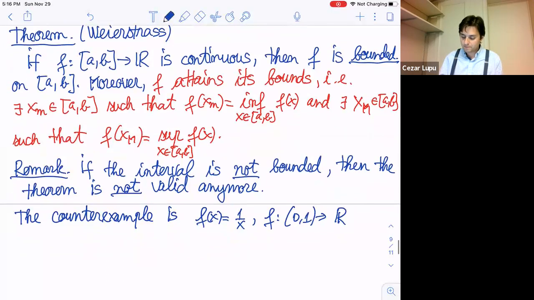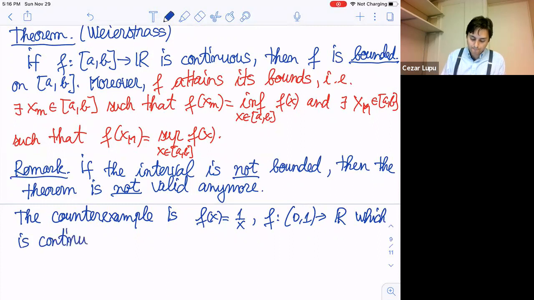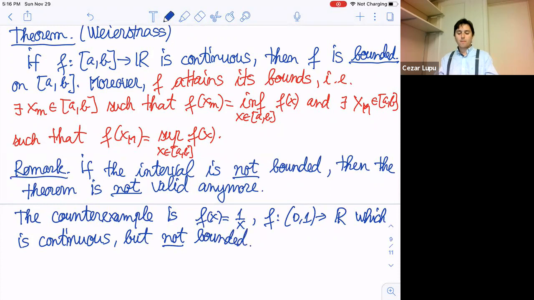This is continuous, but not bounded. All right, and I believe you can cook up many other functions as well.